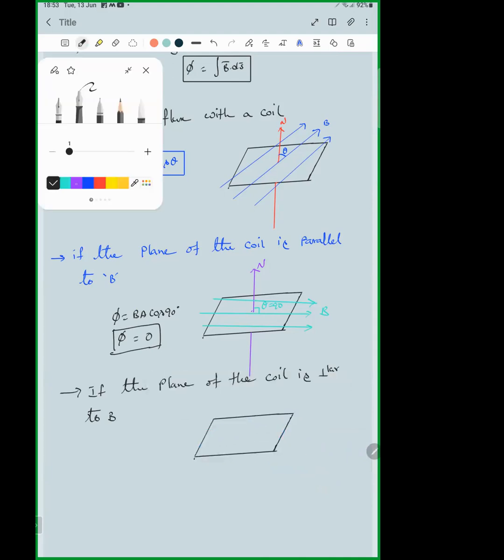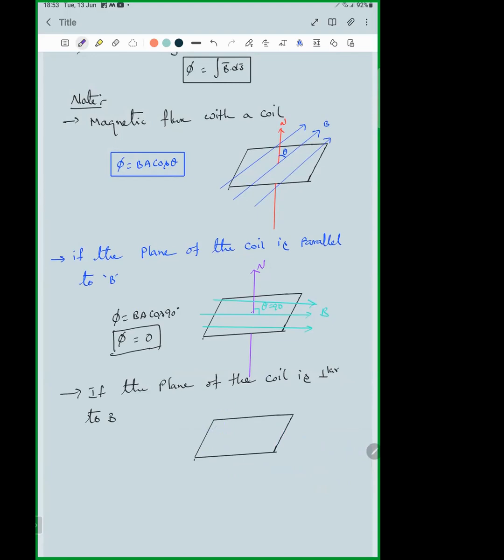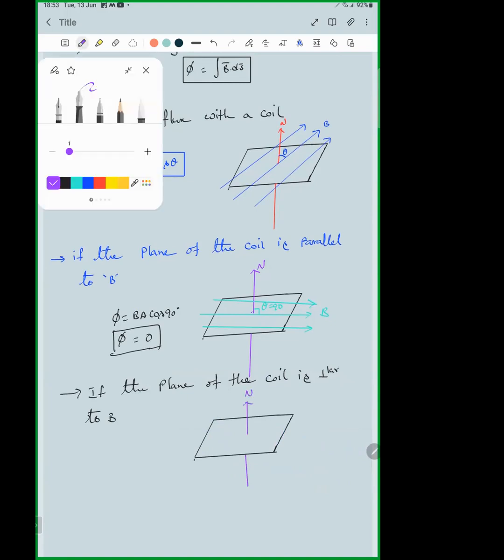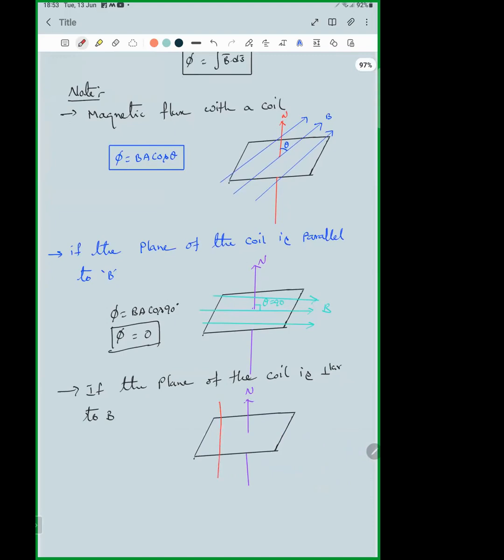Actually, in this case, the magnetic field lines are like this. So theta is equal to 0. So phi is equal to BA cos 0, that is phi is equal to BA, which is called the maximum flux.